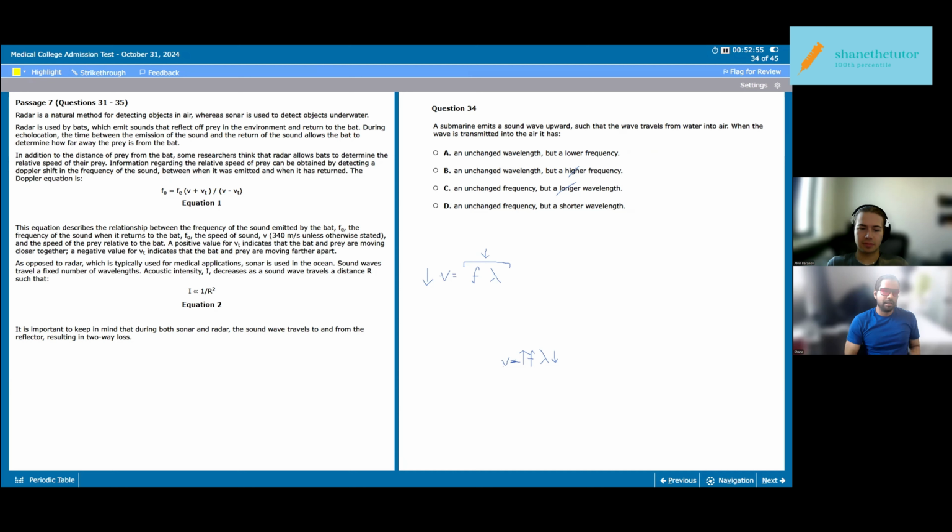There's either velocity, frequency, or wavelength. One of these simply does not change as you enter into different media.